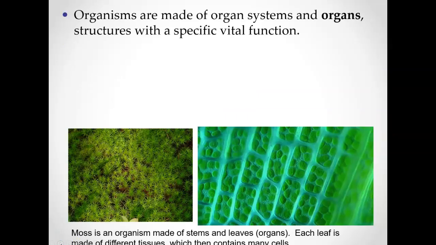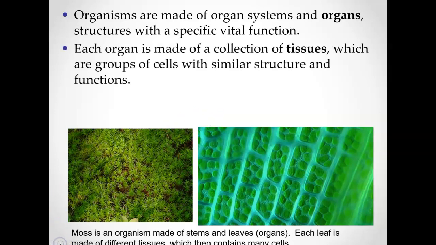Organisms are made of organ systems, and organs are structures with a specific function within a normal body. Each organ is made up of a collection of tissues, which are groups of cells with similar structure and functions. So at our smallest level of life, we have cells. Those cells make up tissues.